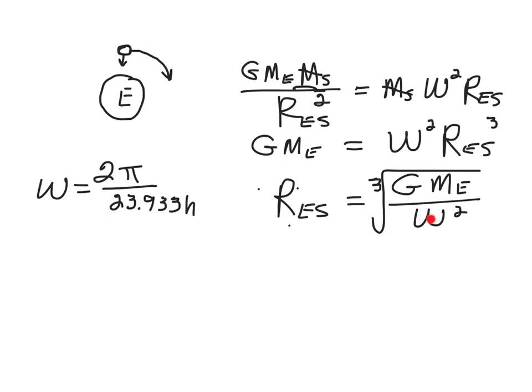Omega is the satellite must go a full rotation, 2 pi radians, in 23.933 hours. You need to convert that to seconds. Put it in there. You're going to have to square it, do all this math, take the cube root, and that should give you the distance of a geosynchronous satellite.